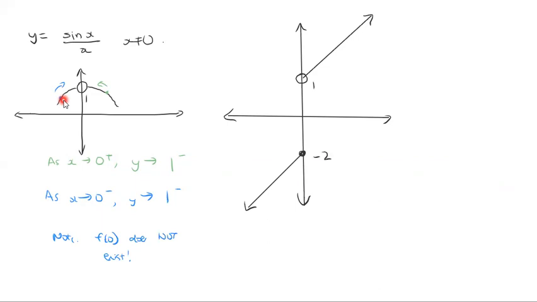So let's say I wanted to work out as x approaches 0 positive, what does y approach? 1. Positive. As x approaches 0 negative, what does y approach? -2. On the positive side or the negative side of -2? Negative. Yep, because you're smaller than -2.